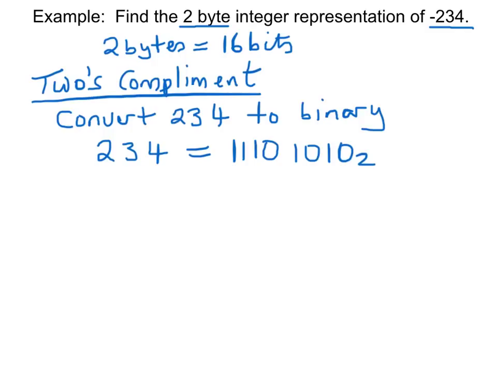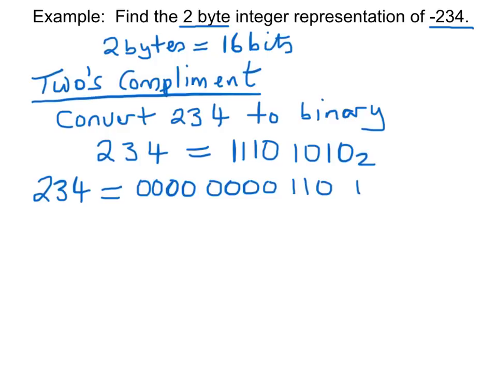The next stage is to fill out the number of bits to 16 bits. So 234 is equal to, so I'm going to have 8 zeros leading, and then the number 11101010.